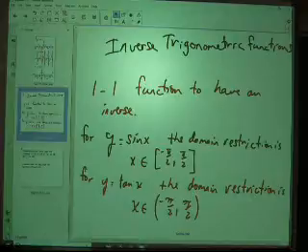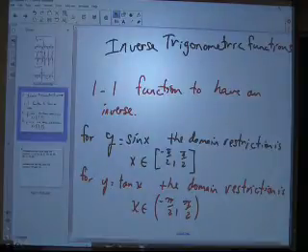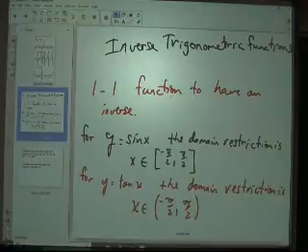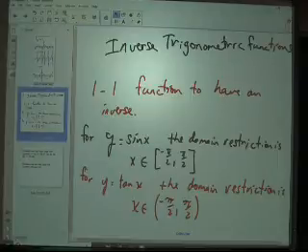Parentheses. So we do not include the ends. Does that make sense? Okay. We're doing good. We got 2 of the 3 of them, right?